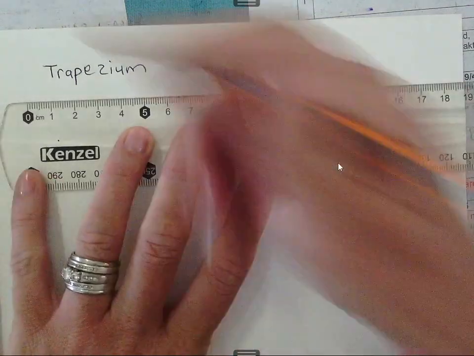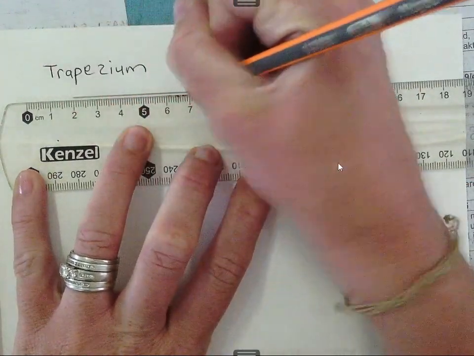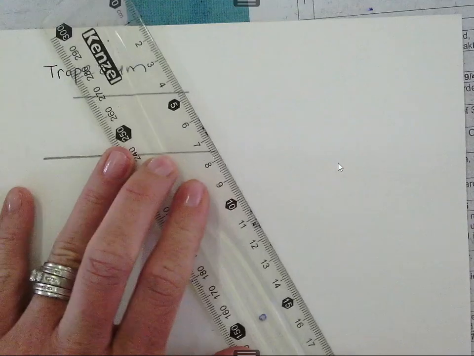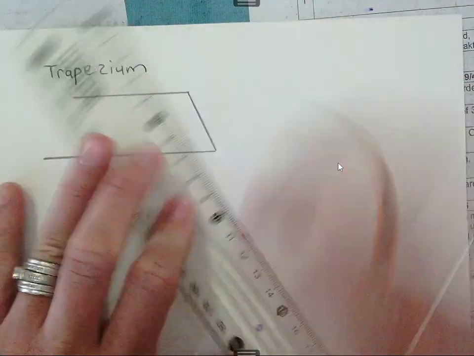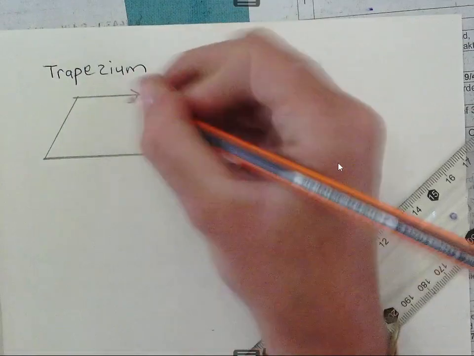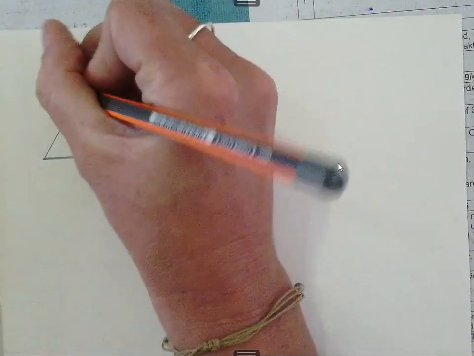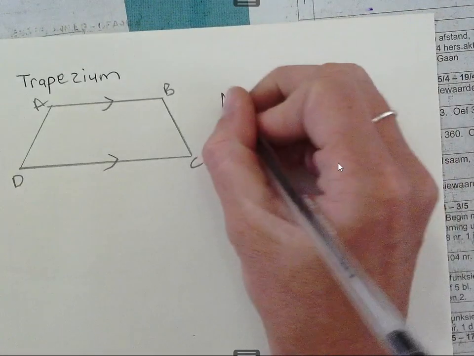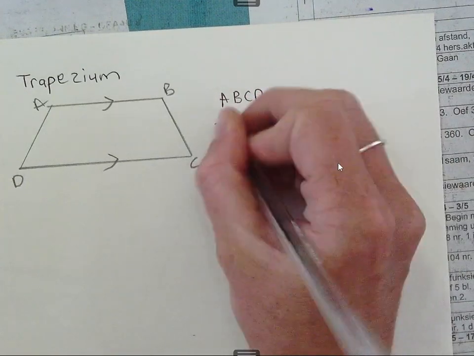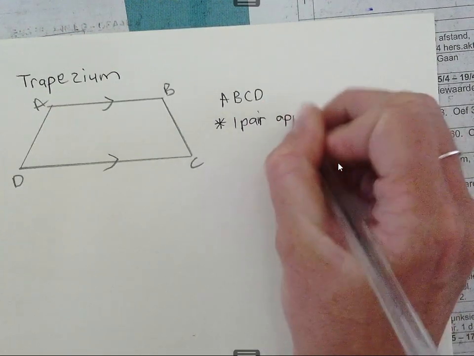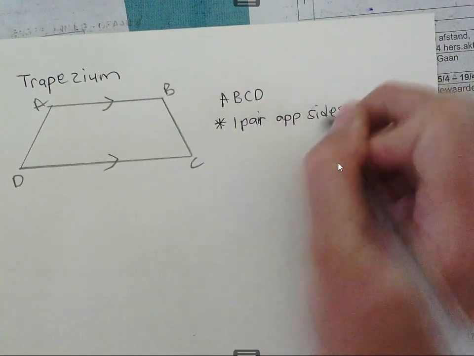Okay. Now, a trapezium, and I'm not taking anything away from a physiotherapist, but the trapezium only has one property. It's a quadrilateral that has one pair of opposite sides parallel.